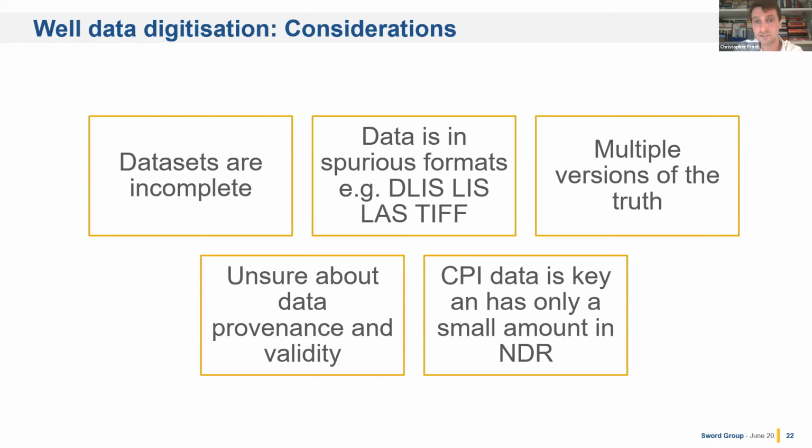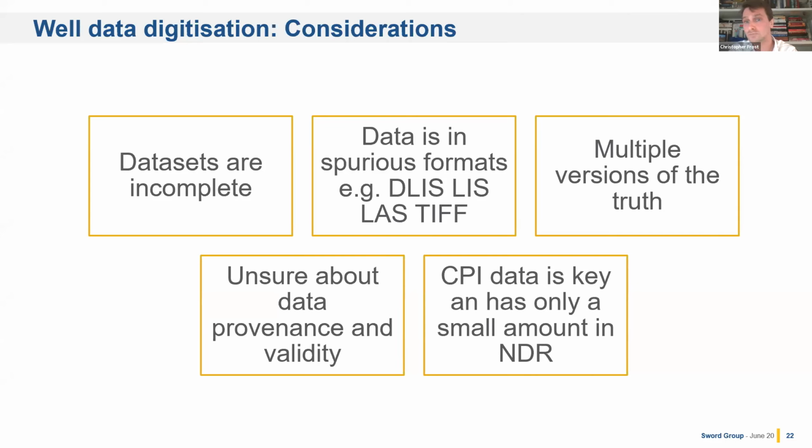The data is in spurious formats. I mean, we've got DLIS, LIS, and LAS. The first two are much more difficult to deal with than the last file. And then we have data in TIFF format, which was out of scope for this project. We did get some data digitized, mainly CPIs. So we focused on the digital data itself and creating a joined well log using that.